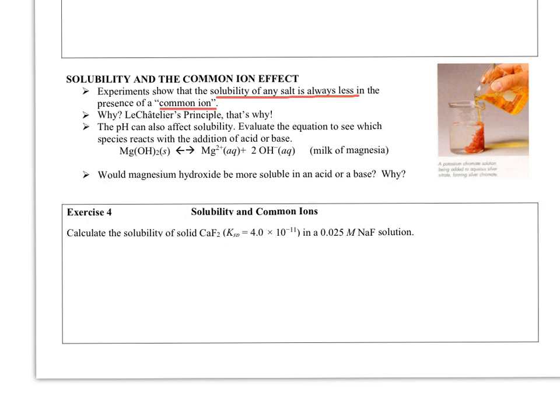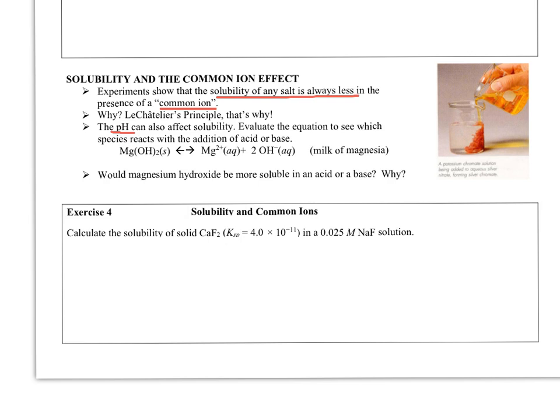pH can also have an effect on our solubility, so that's important. We haven't really talked acids and bases yet, but we will. But pH, whether my solution is acidic or basic, can actually have an effect as well.